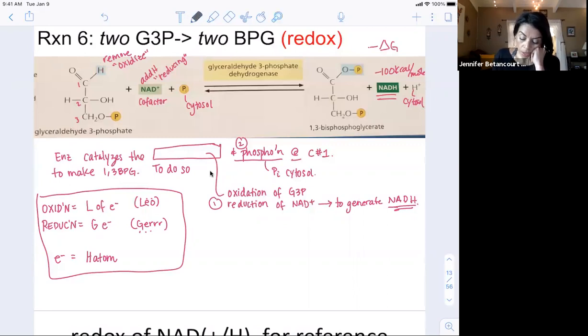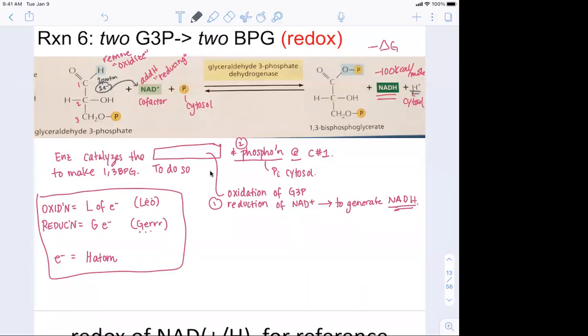So think about what a hydrogen is. When this gets removed, there's 1 proton and 1 electron. So the electron is what gets added to the NAD. And then the proton part of it is what gets added into the cytosol. Oh, okay. Thank you. Good? Yeah, that makes sense.